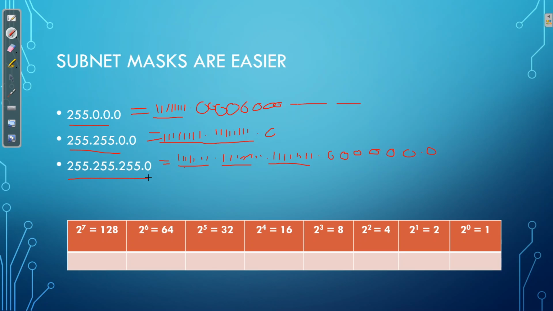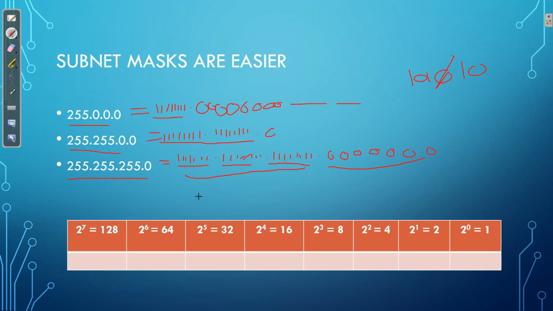Now, with subnetting, I'm not going to go into depth in this video, but just a very, very quick overview. Subnetting allows us to create our custom subnet masks. So a subnet mask is valid as long as it is a contiguous set of ones followed by a contiguous set of zeros. As an example, this would not be a subnet mask because we're mixing ones and zeros.